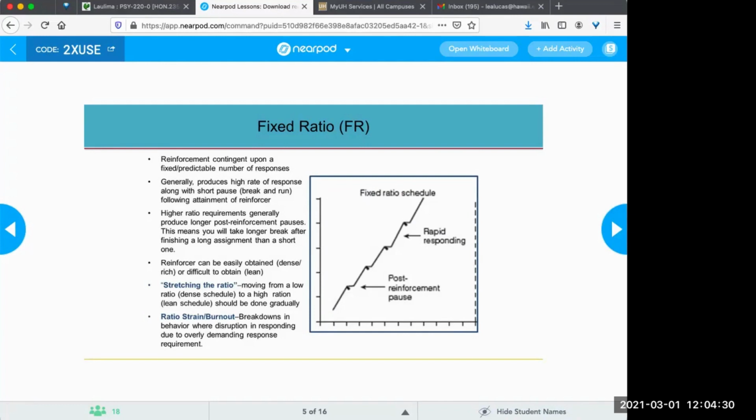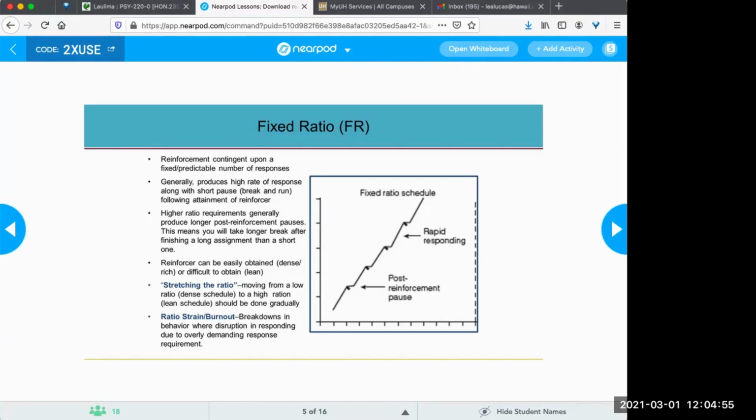We also talk about this concept of stretching the ratio. Okay. So moving from something that's kind of low rewarding to something that's maybe high rewarding in the schedule. And we do this gradually, because the more dense the reward, the more rapid responding we often will have. Okay.